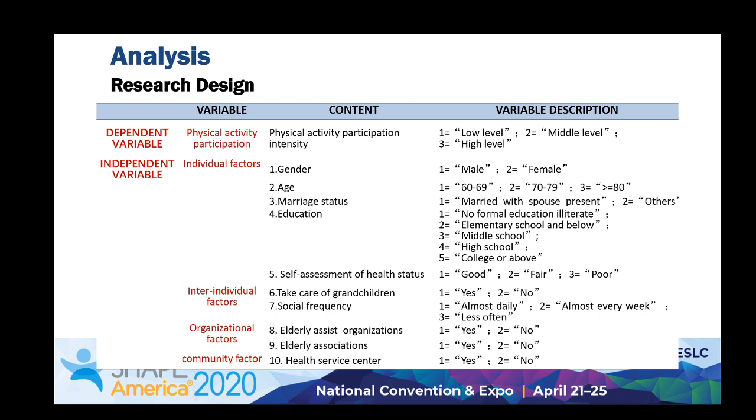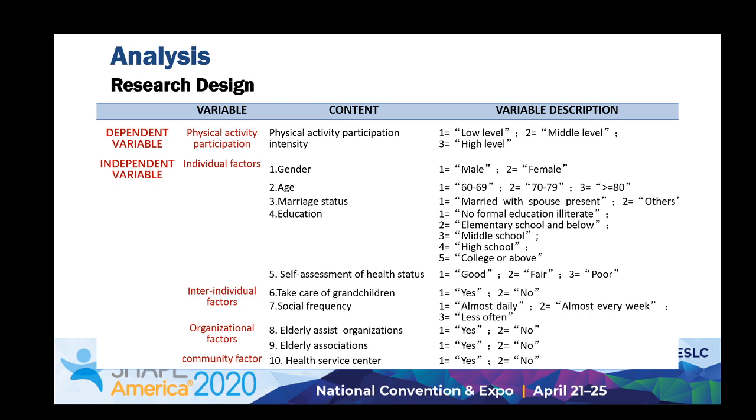This article uses the gender, age, marriage status, education, and self-assessment of the health status in the survey results as independent variables of individual factor. It uses whether to provide care for grandchildren and the frequency of participation in social activities as independent variables of inter-individual factors.